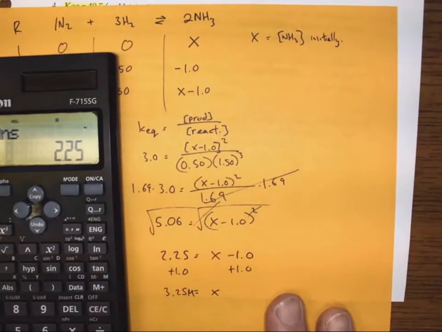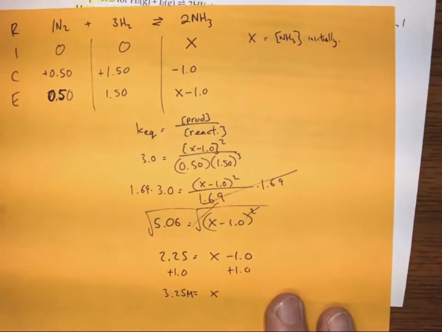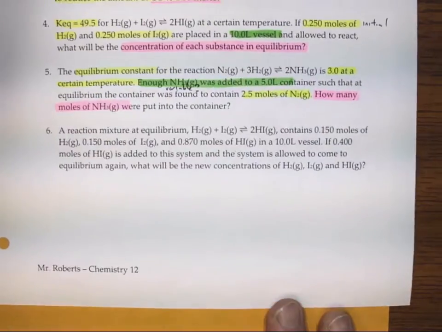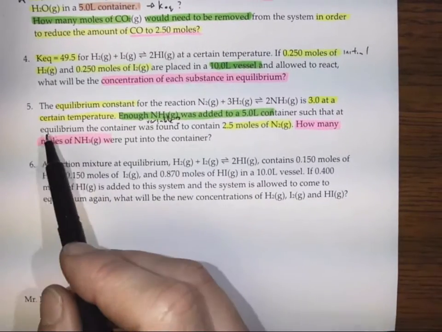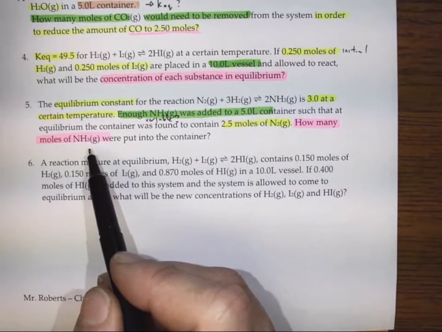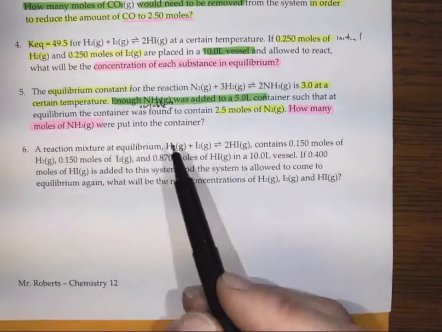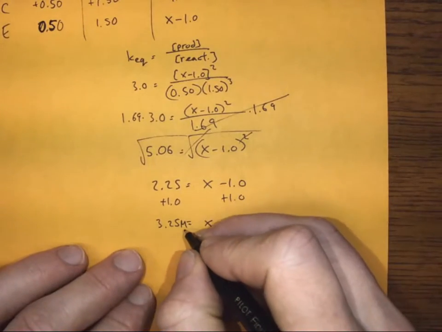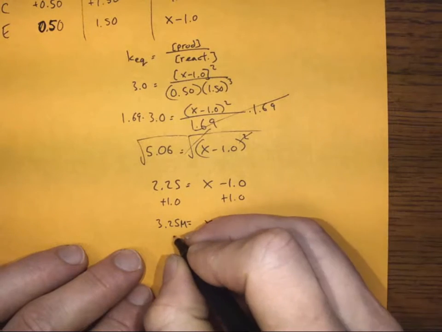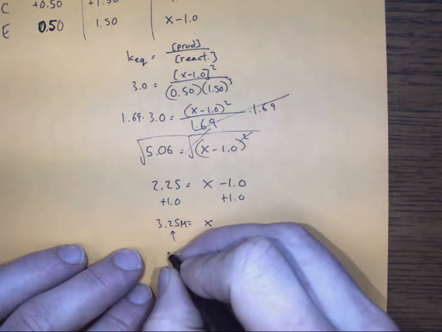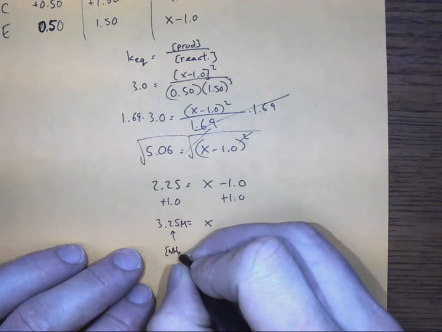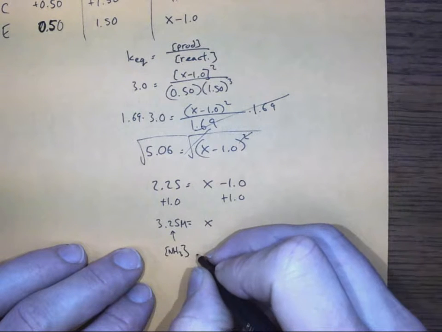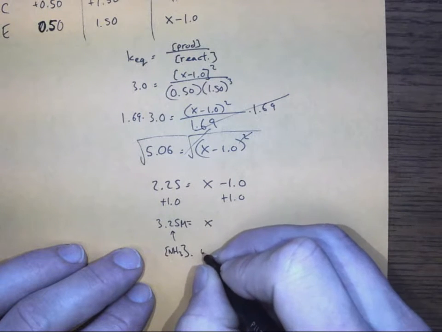Okay. Now, what were we asked for again? We were asked for how many moles of ammonia were put into the container. Well, I know there are 3.25 moles for every liter of ammonia, the concentration of ammonia initially.